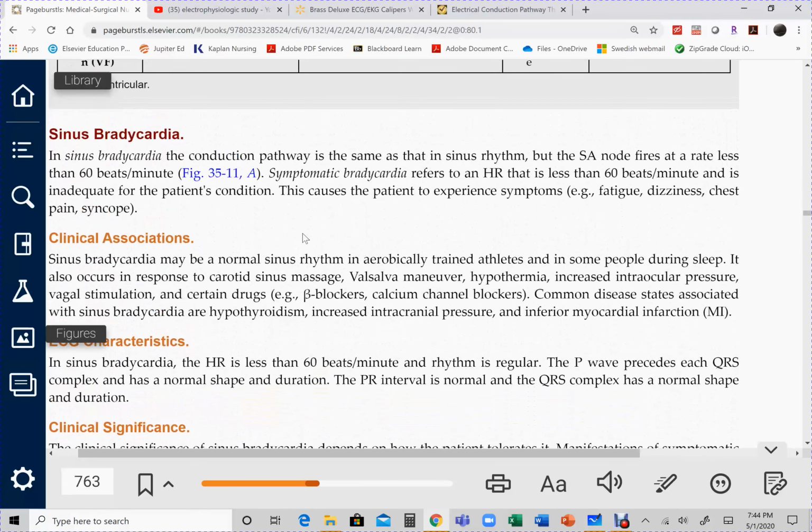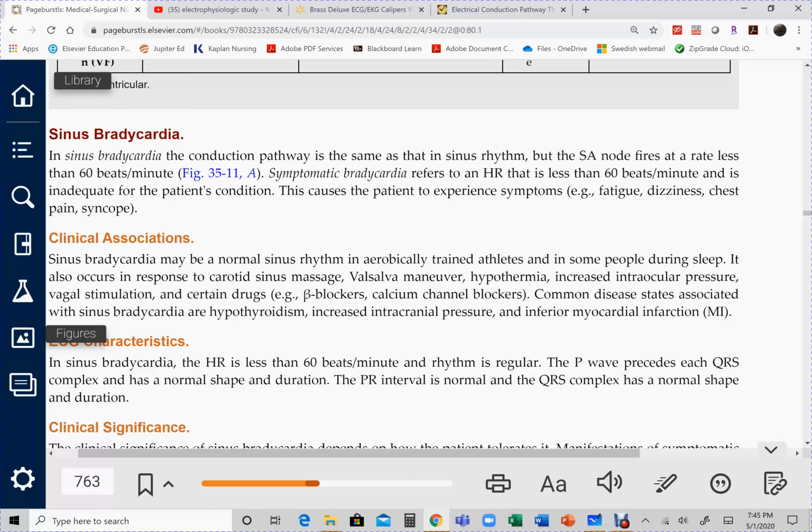So let's say a nurse walks into the patient's room, finds the patient with these vital signs, and the rhythm looks like this. The nurse interprets this as A, B, C, D. Or the question could go, a nurse walks into the patient's room, finds this rhythm. What signs and symptoms will the nurse most likely expect?